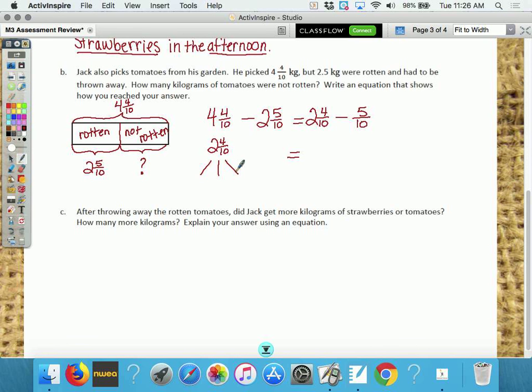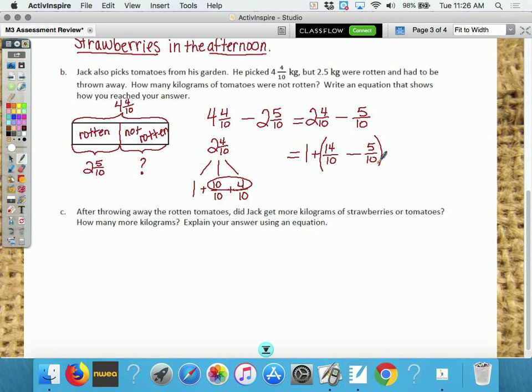Who remembers how to do that? Jair? Oh, you put 1 and then 10/10 and 4/10. Okay. So now what I'll have is 1 plus, how many tenths is this? 14 tenths minus 5 tenths.